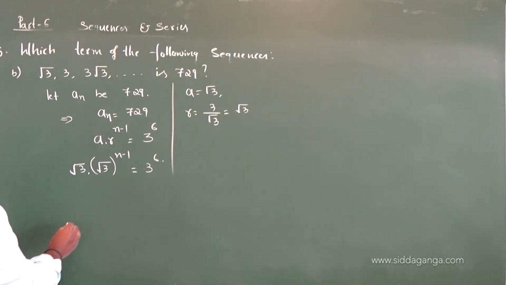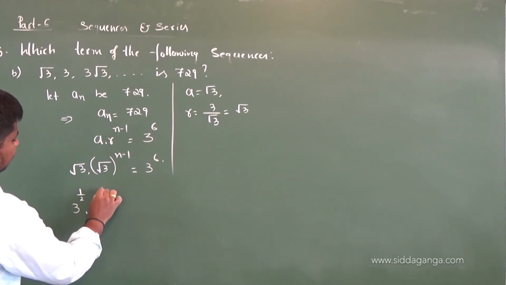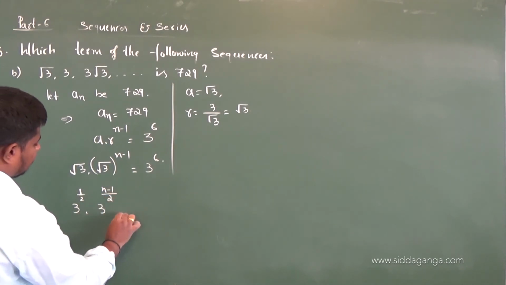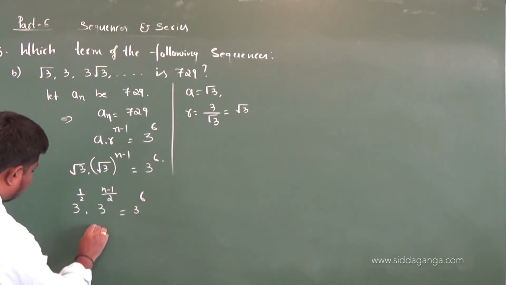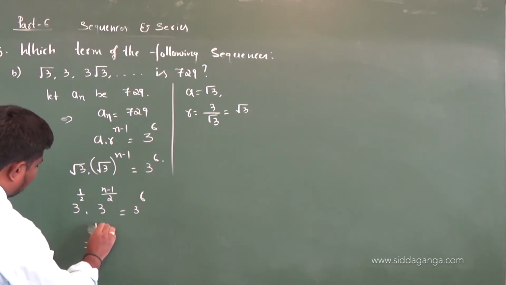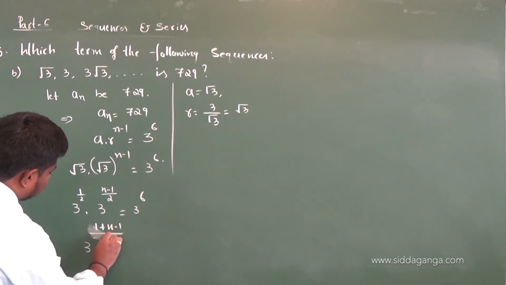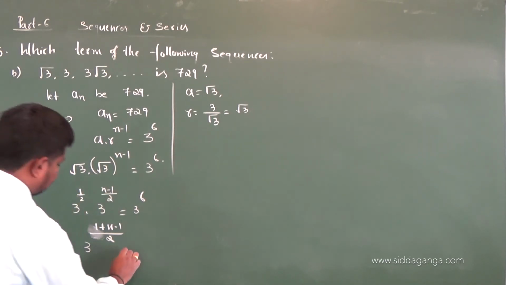So 3 power of 1 by 2 into 3 power of n minus 1 by 2 is equal to 3 power of 6. So what do you get? 3 power of 1 plus n minus 1 by 2, I am adding these two, gives 3 power of 6.